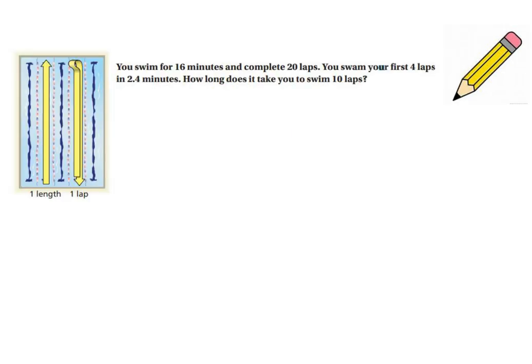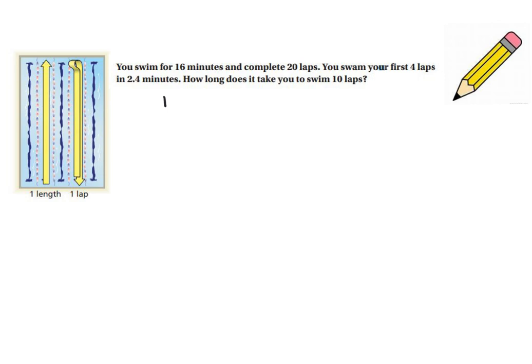You swim for 16 minutes and you complete 20 laps. If you swam your first 4 laps in 2.4 minutes, how long does it take you to swim 10 laps? So let's start by comparing unit rates to determine whether a number of laps is proportional to your time. So we'd start with 20 laps in 16 minutes.